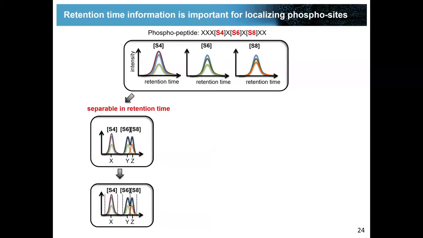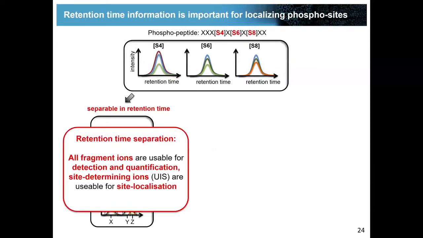And for this, you should use the unique ion signatures that I just explained to you. And once you have identified them, you can use, again, all the fragment ions to quantify them, and it will be a correct quantification. So, separable in retention time: use all fragment ions for detection and quantification, use the site-determining fragment ions to say which of the peak groups is which form.